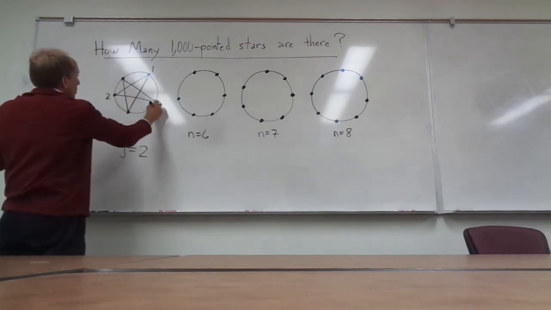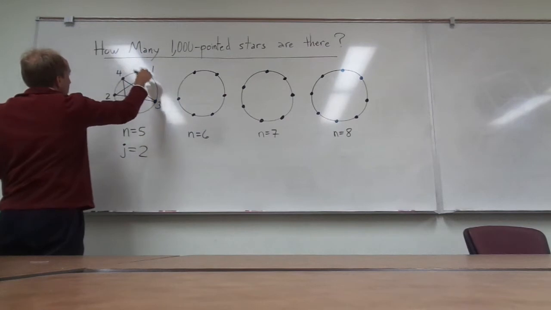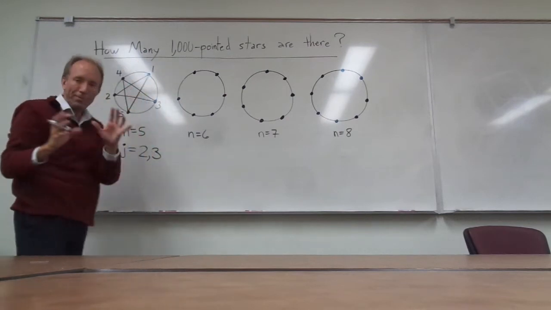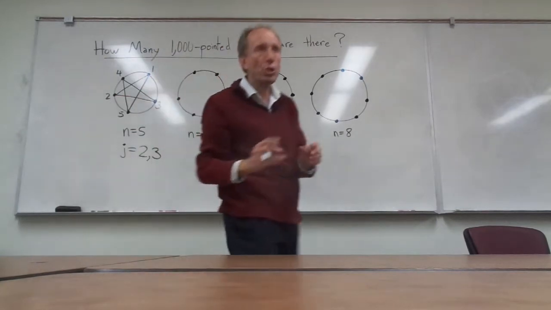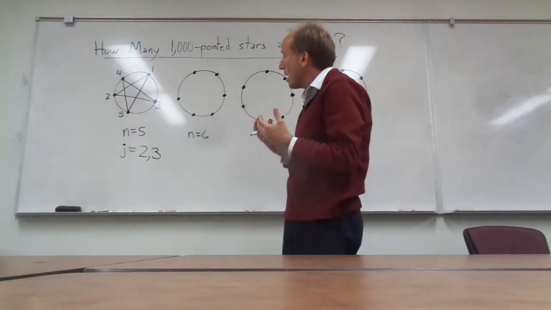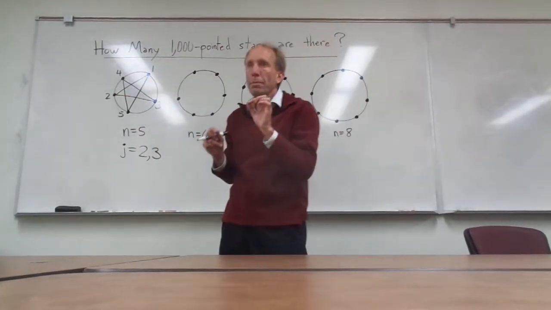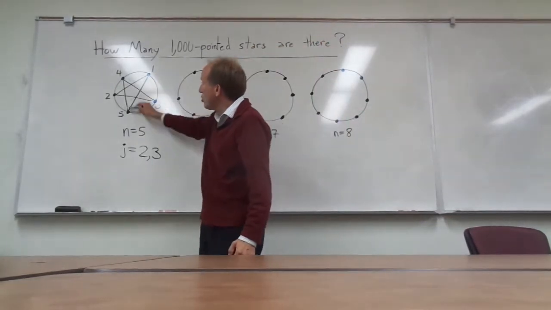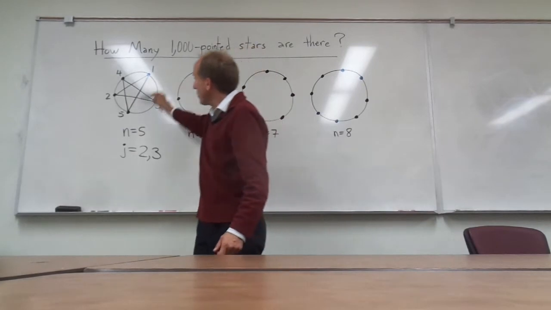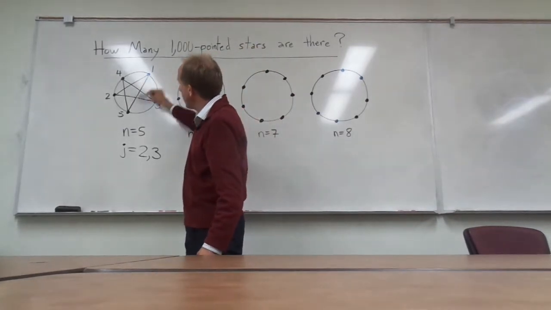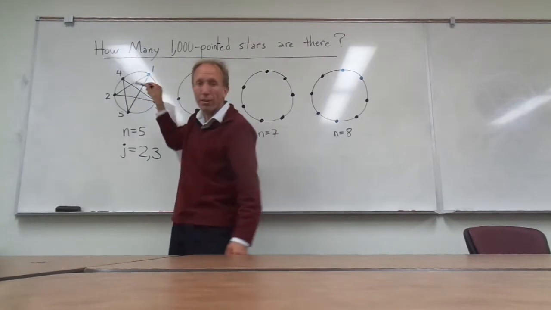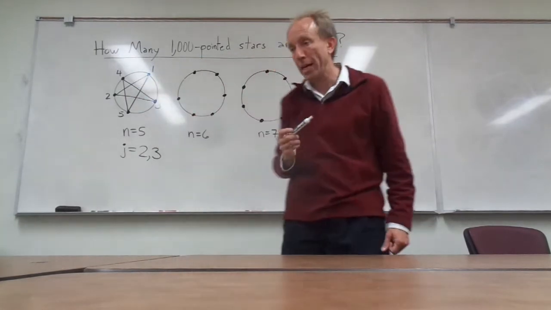So this would be 3, and then this would be 4, and then this would be 5, right? So you could actually associate 2 different j values. J, again, I'm just keeping track of how many points I'm skipping, basically. So j is I'm connecting every jth point. So either every second point if I want to trace this thing out clockwise, or every third point if I want to trace the figure out in a counterclockwise manner.